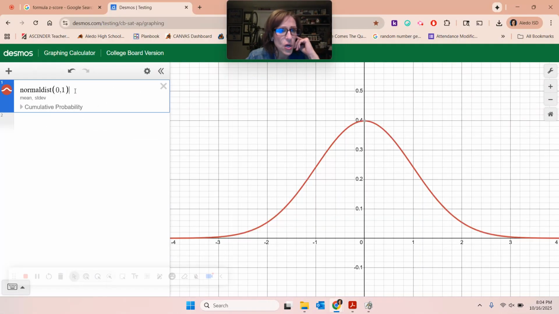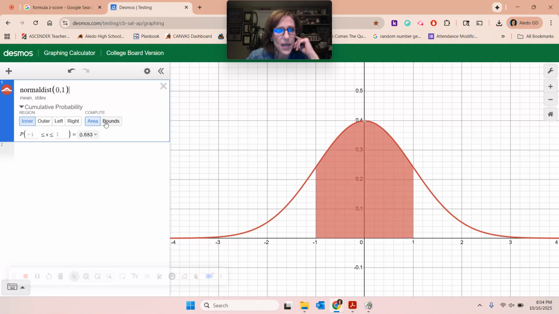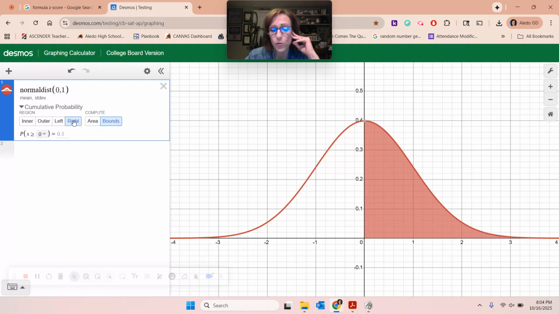Okay, so what did it say? I wanted to do the z-score with, so I want to find a bound, an area, a bound with 5%, the highest 5%. So that means I want to go to the right and look here. Make sure you put that 0 in correctly.